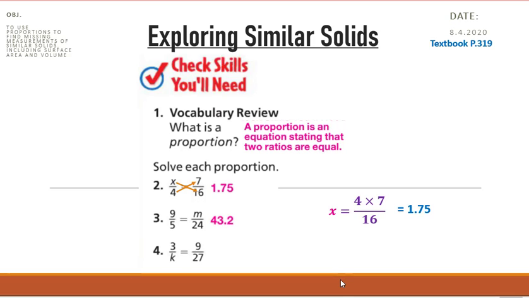So it's 43.2. Great work. Now, k, the same. Multiply 3 and 27 and divide by 9. So k equals 3 multiplied by 27 divided by 9, and k equals 9. Great work.